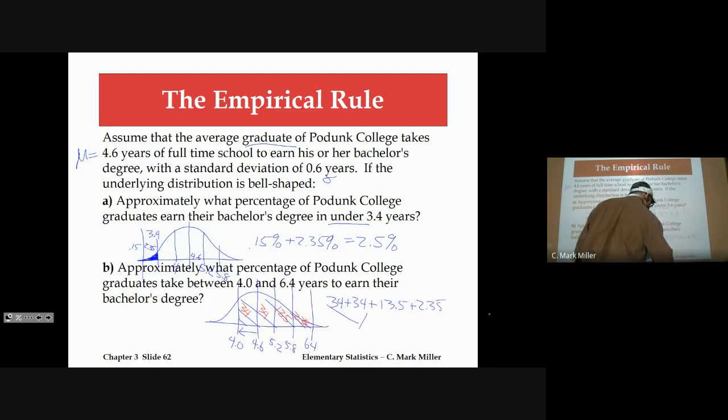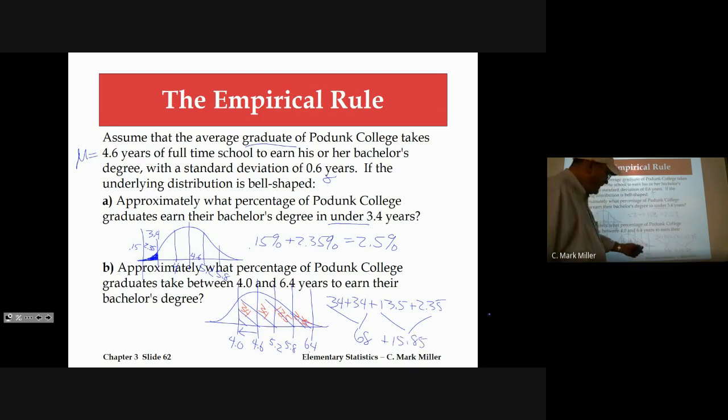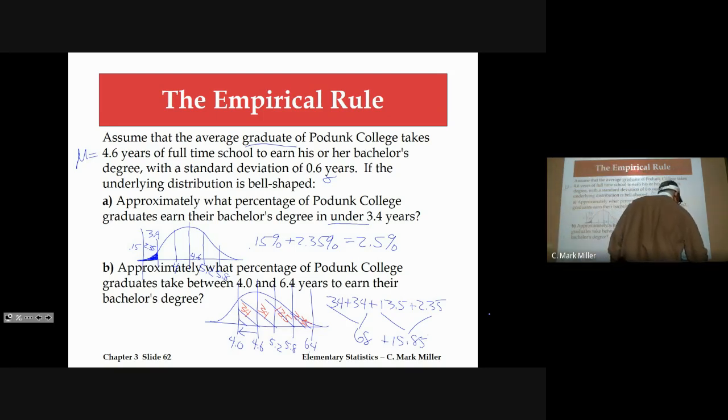These two add to 68. These two add to what? 15.85. And yeah, those two together is 83.85%.